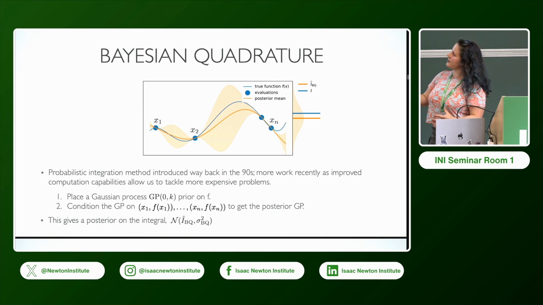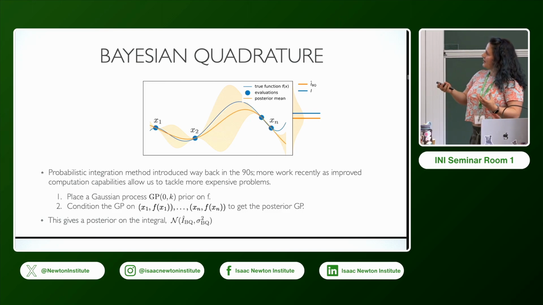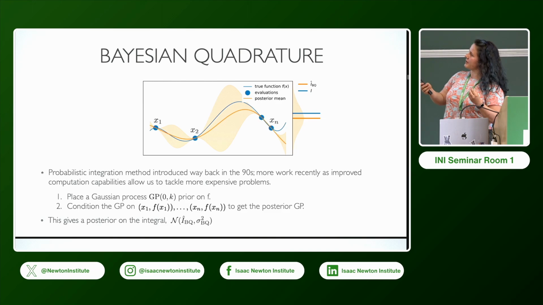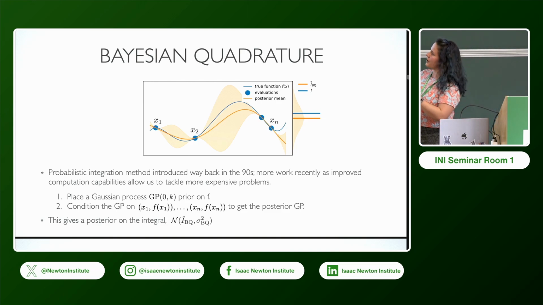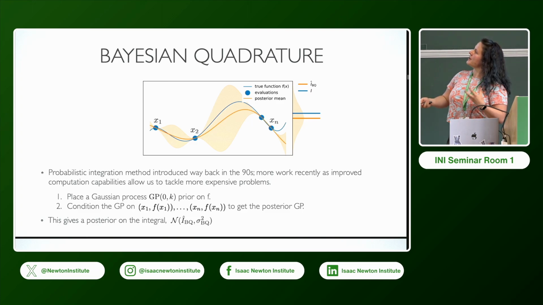There are natural sequential methods that can be used on top of this. If we have the ability to collect more points, we can use this setup to inform where the region of most interest is.